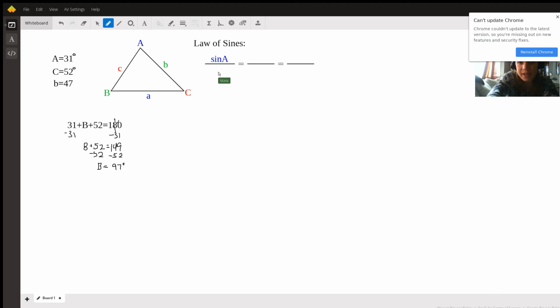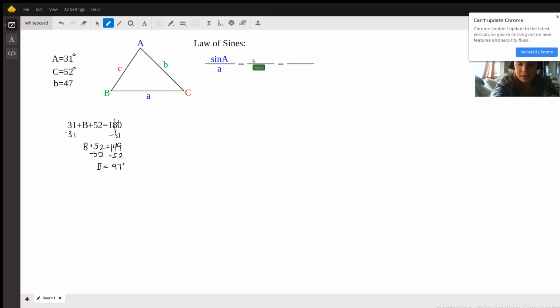So we have sine of A, and then in the denominator we'd have just a, lowercase. We have the sine of the angle over the side length across from it. And then we fill in the next one.